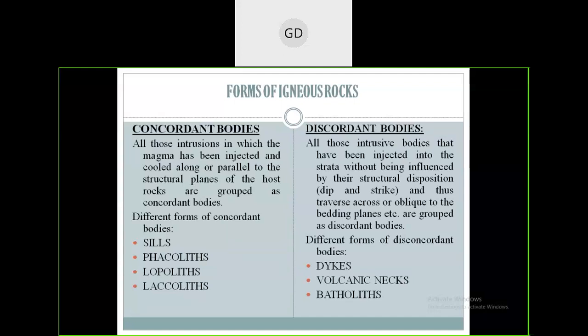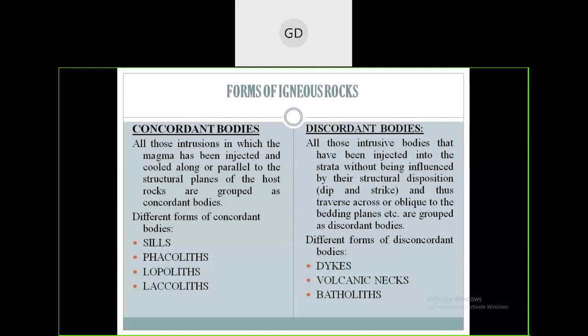Those intrusions in which the magma has been injected and cooled along or parallel to the structural planes, that means the bedding plane. If the magma is injected in a direction parallel to the bedding plane, it is known as a concordant body. And what is discordant?